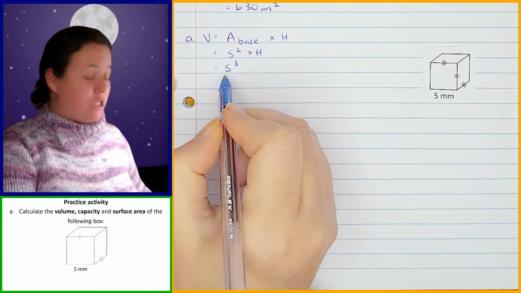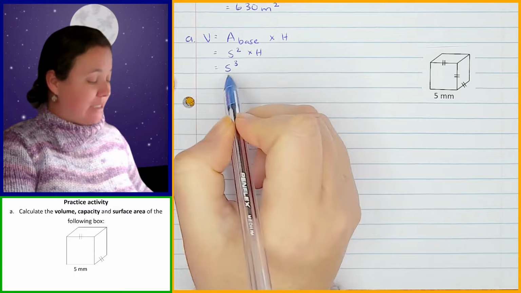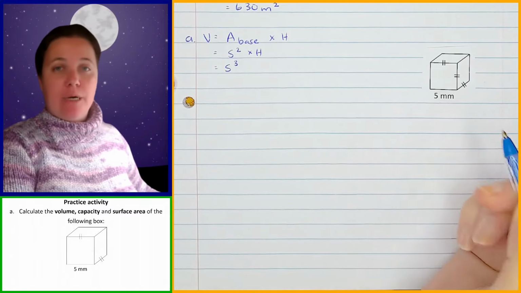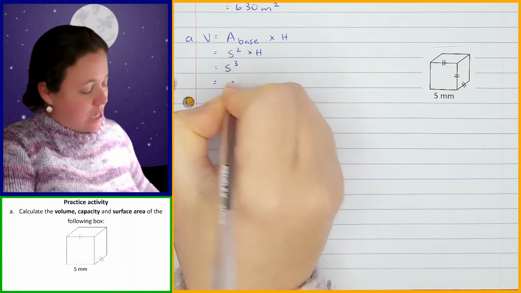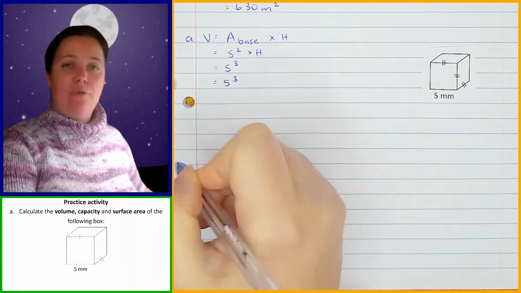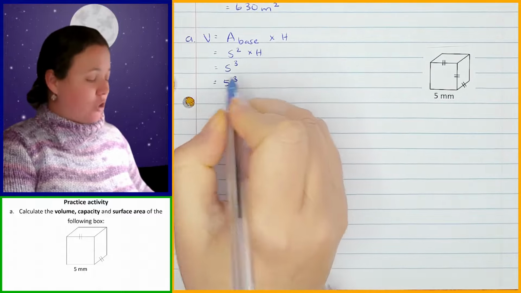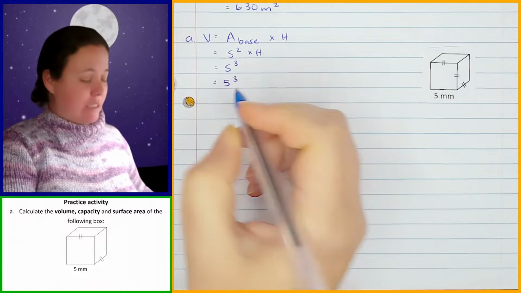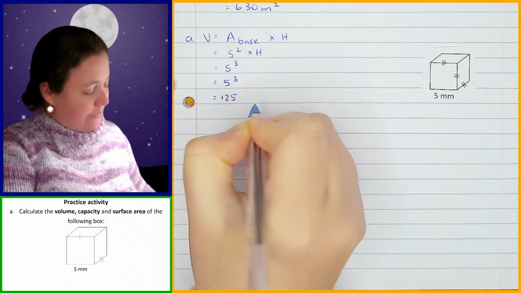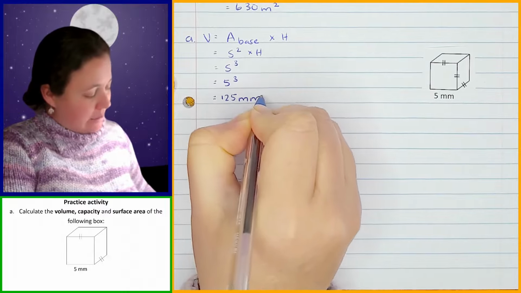So it doesn't matter how you write it. No matter what you write, you're going to end up multiplying 5 by itself 3 times. Okay, so over here, I've got 5 cubed, or 5 squared times 5, or 5 times 5 times 5, as long as you are multiplying 5 together 3 times. So over here, that gives me 125 millimeters cubed.